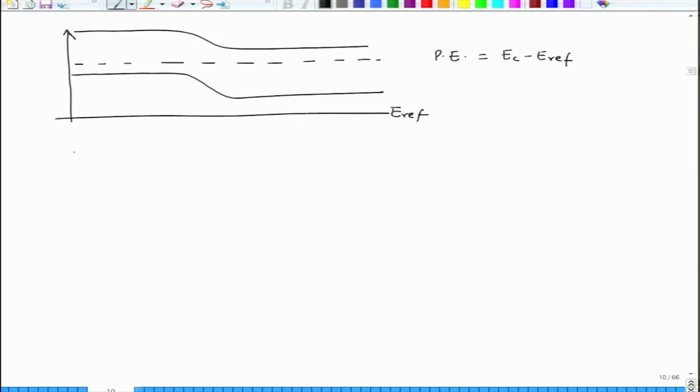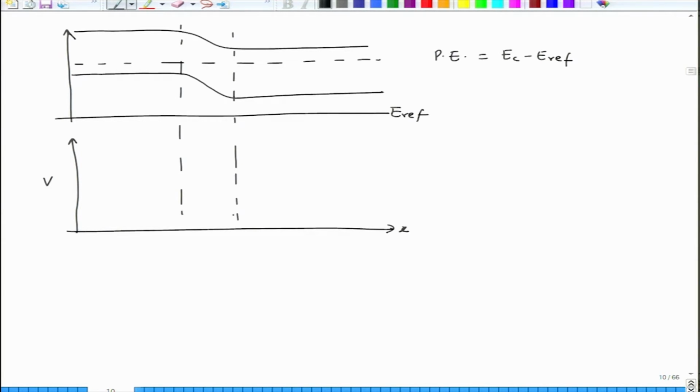If I now want to determine the potential V as a function of distance x, the potential goes as, according to laws of electrostatics, minus 1 over q into EC minus E ref.